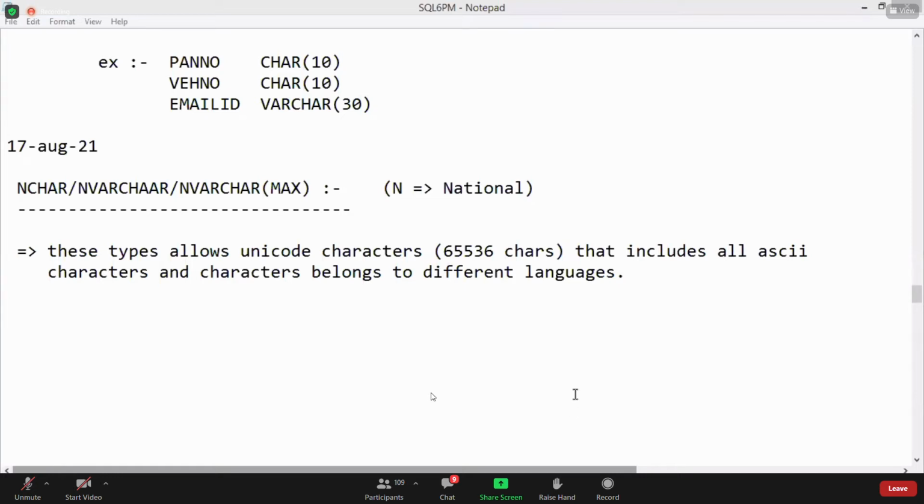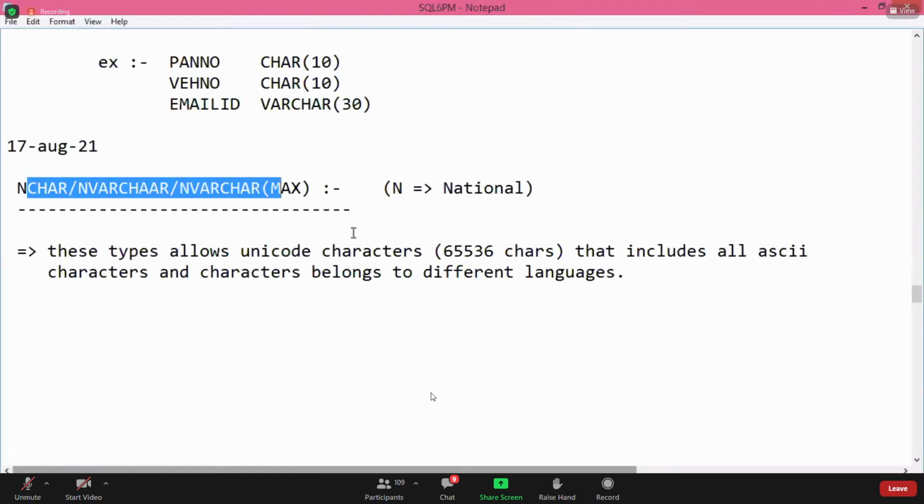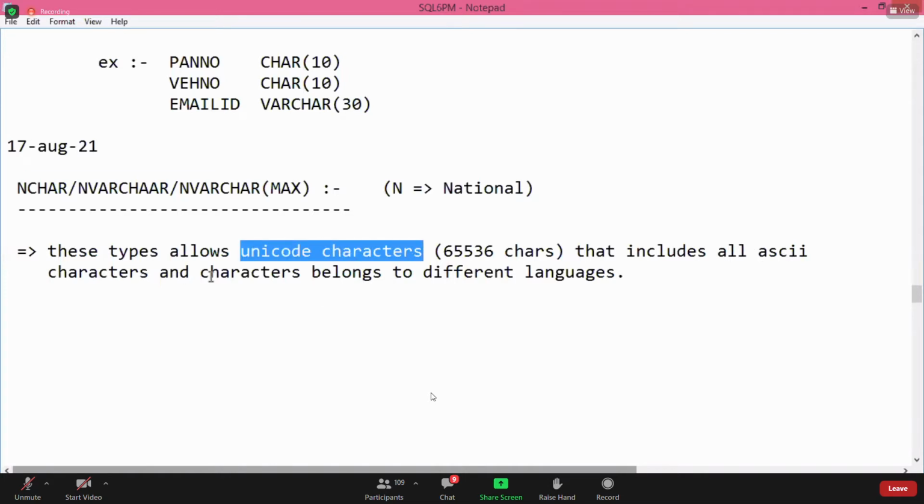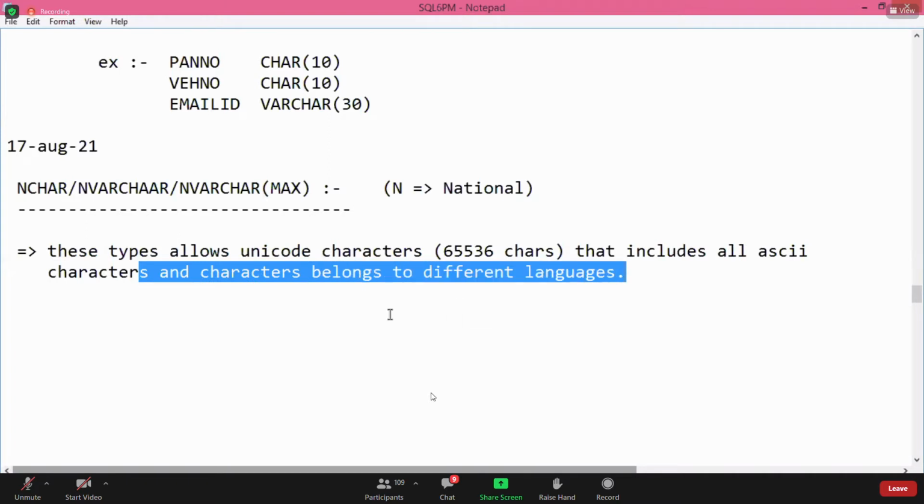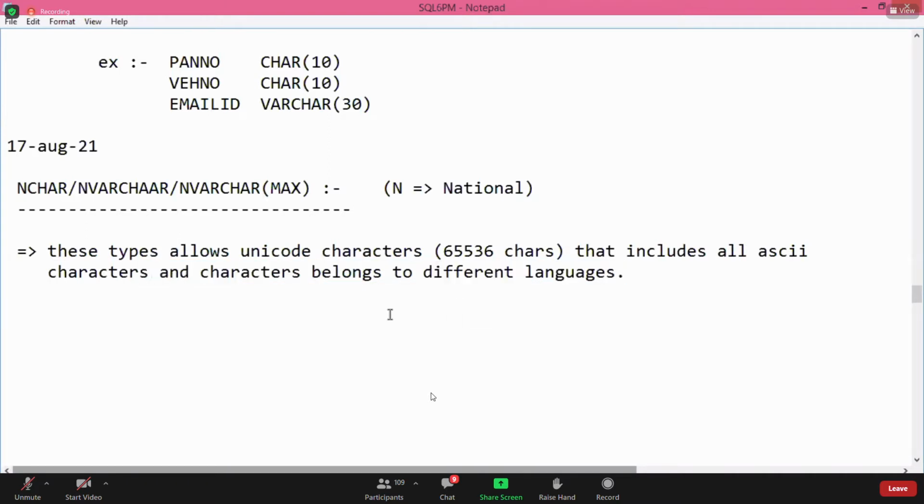What I'm saying is, these types allow Unicode characters. That includes all ASCII characters and characters belonging to different languages. So we can store Arabic symbols, Russian characters, Japanese symbols, Korean, Hindi, Telugu, English.